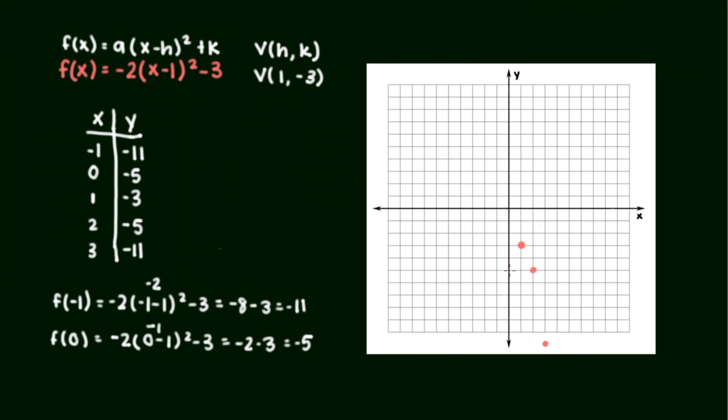We have (0, -5). We can see that symmetry kind of forming. And (-1, -11). Go ahead and draw the graph of the quadratic parabola.